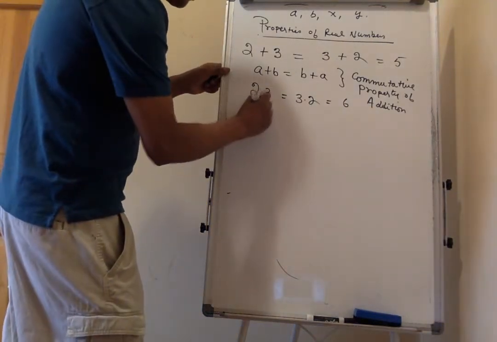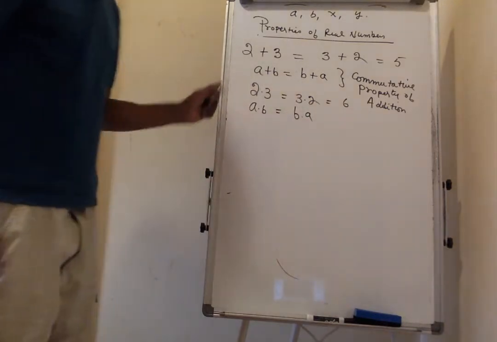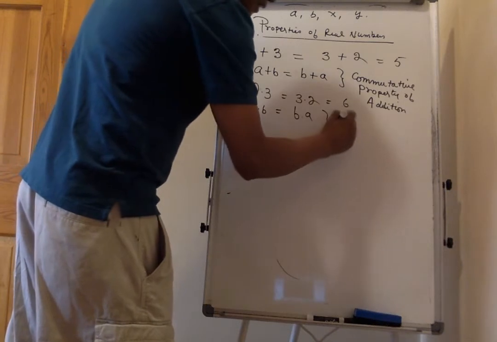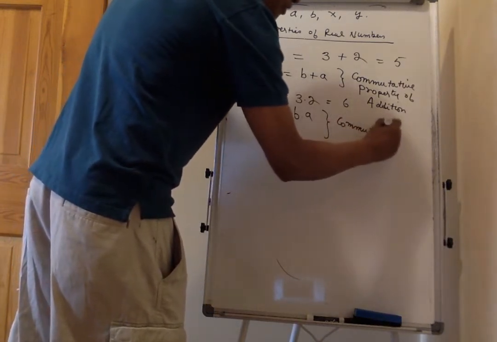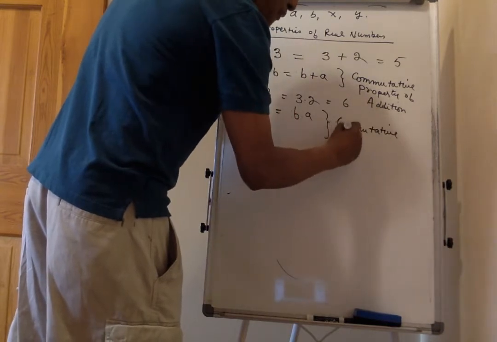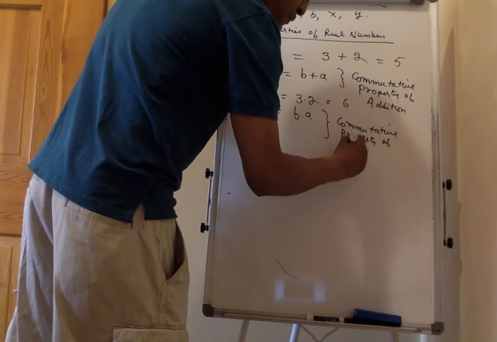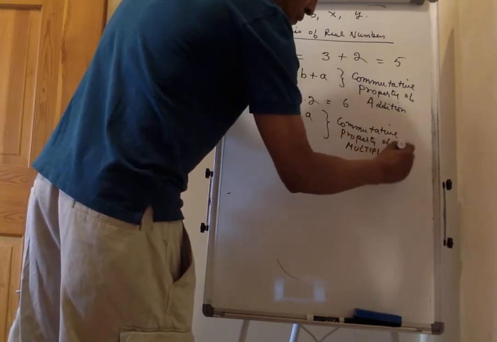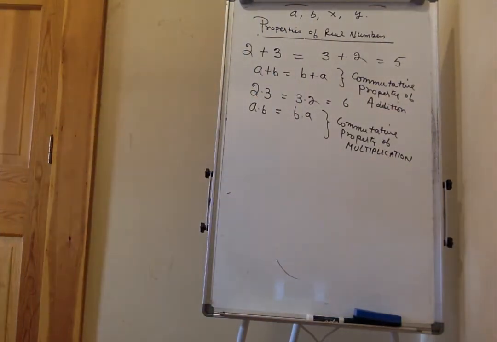A times B is the same as multiplying B times A. Therefore, multiplication is also commutative. Commutative property of multiplication. Okay? Addition is commutative. Multiplication is also commutative.